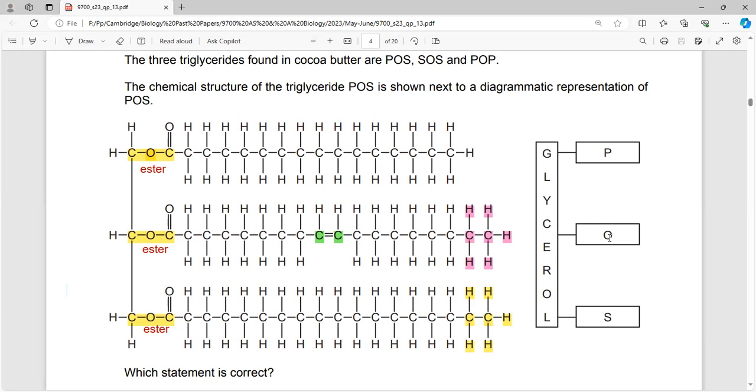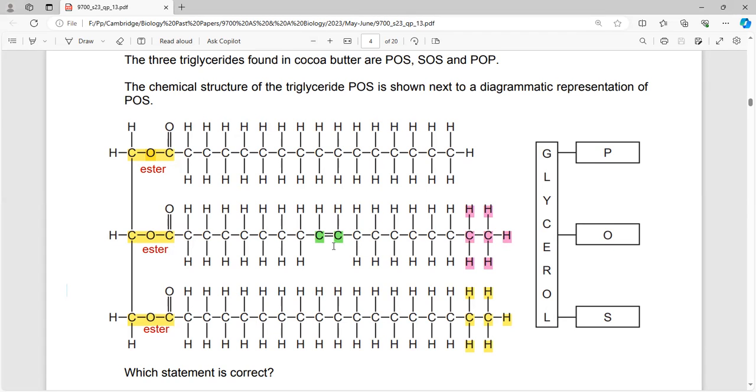So they're making 3 different ester linkages. First we have the palmitic acid, which is saturated. What about stearic acid? That is also saturated. What about oleic acid? This is an unsaturated fatty acid, called monounsaturated fatty acid, meaning only 1 double bond is present.